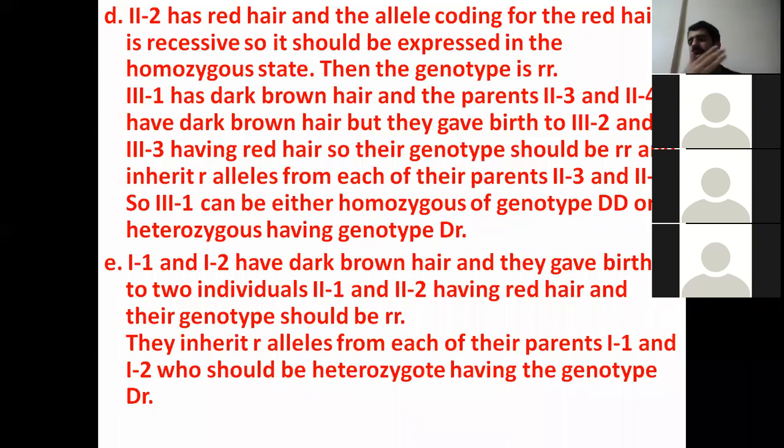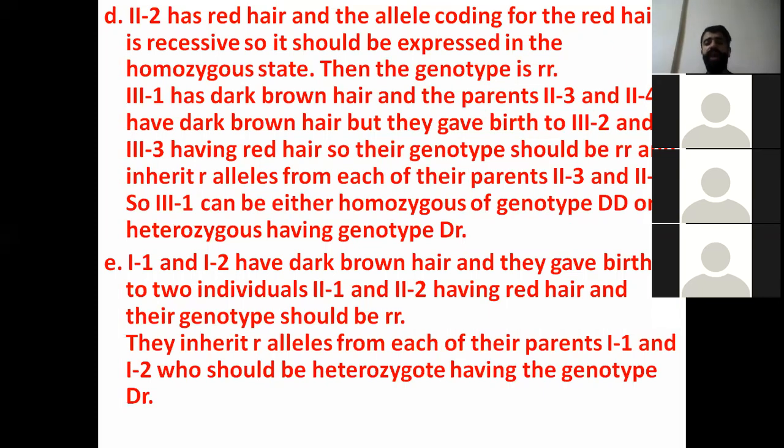So the genotype of 2-2 is RR. 3-1 has dark brown, and the parents 2-3 and 2-4 have dark brown, but they gave birth to 3-2 and 3-3, who have red hair. So their genotype is RR, and they inherit R from each of their parents. So 3-1 can be either homozygous DD or heterozygous of genotype DR.